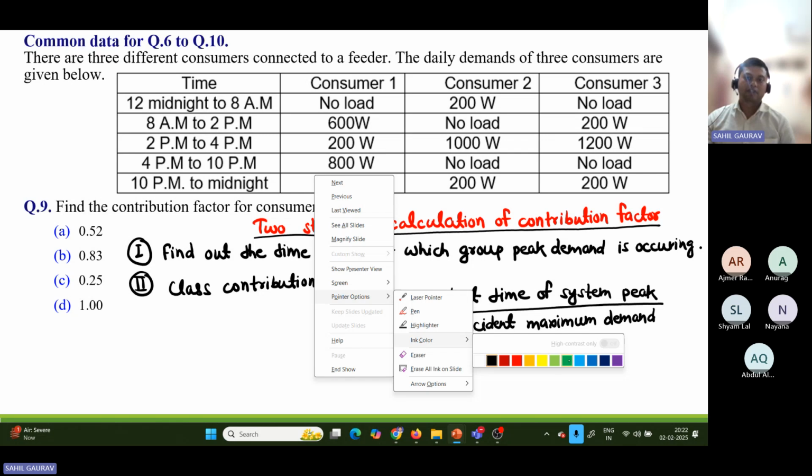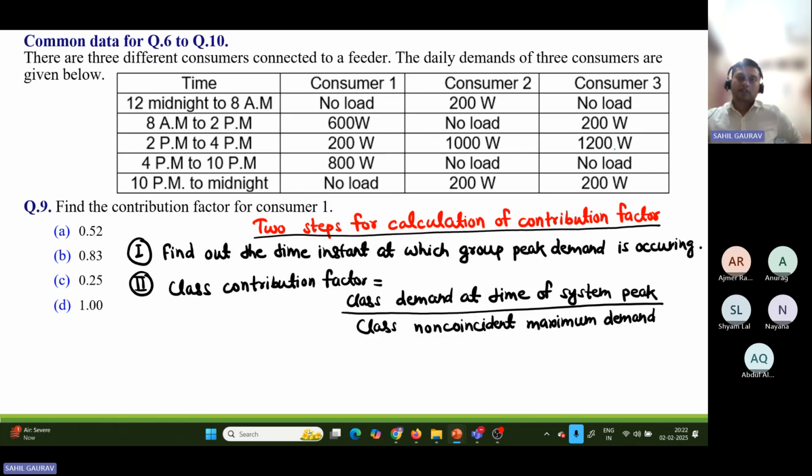So let me solve this first step. We have to find the time instant at which group peak demand is occurring. So we have to find the summation of the demand for the different time instants. For this, we are getting 0.2 kilowatt, and for this, we are getting 0.8 kilowatt.